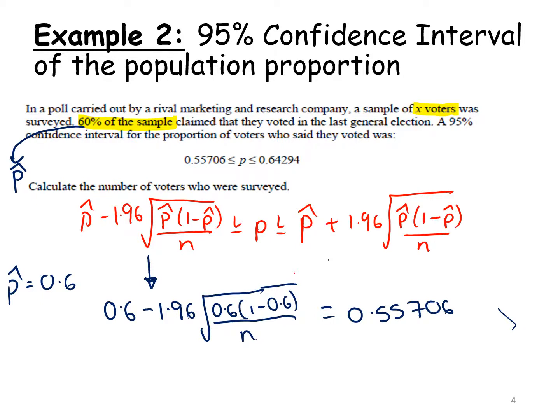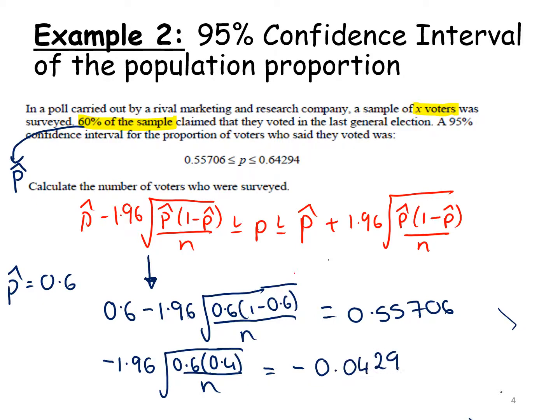So let's clean up what we can. We're going to have 1.96 square root of 0.6 times 0.4 all over n, and I'm taking 0.6 from both sides, which will give me on this side minus 0.04294. So the next step will be to divide both sides by minus 1.96, and what we're going to get, I've run out of space, I'll clear it in a second.